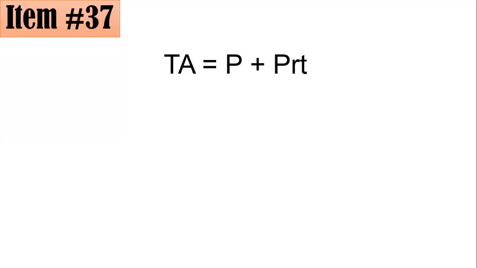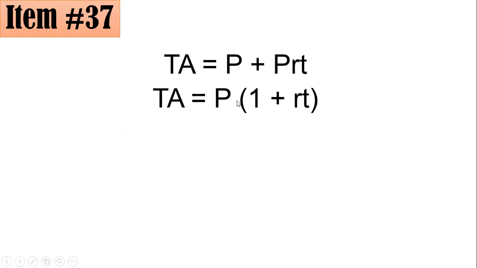So depende rin po. So from this formula, I noticed we could actually see that P is a GCF of P plus PRT. That's why factoring out the GCF, which is P, we have terms inside your parentheses here.